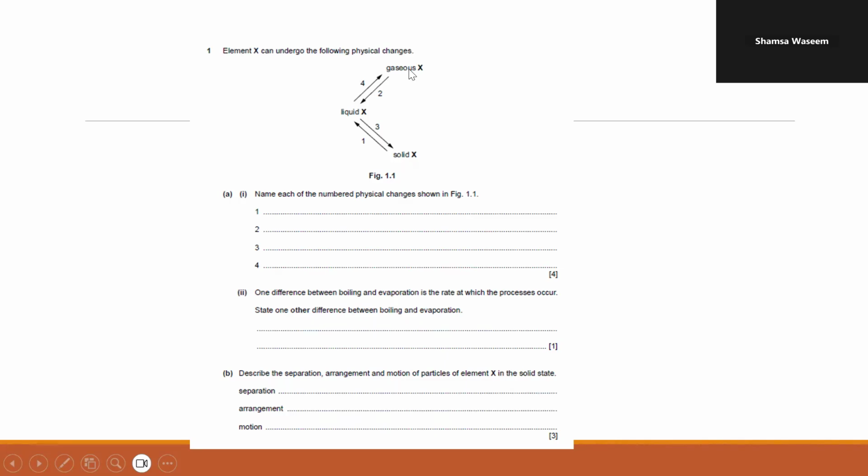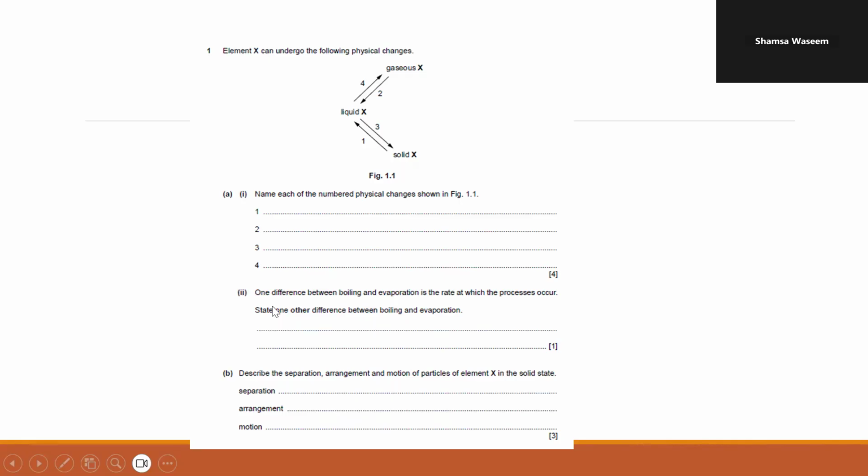Second is when gas turns into liquid, which is condensation or condensing. Third is when liquid turns into solid, which is freezing, or solidifying. We usually say freezing, right? Fourth is when liquid turns into gas, which is boiling or evaporation, right?